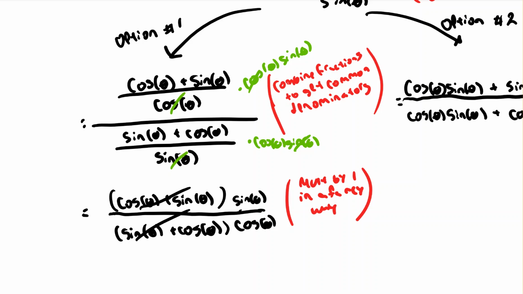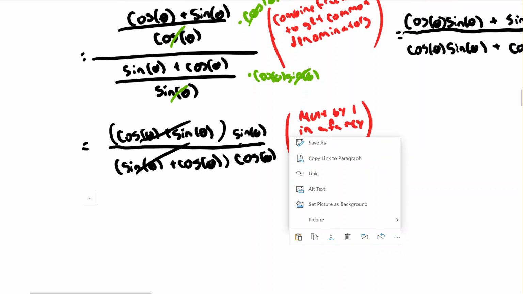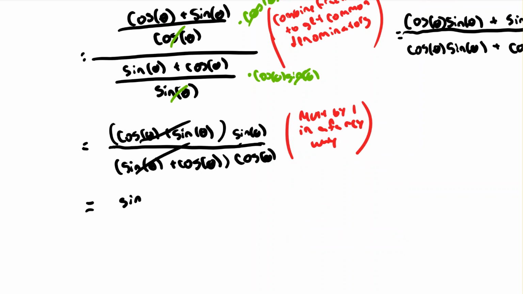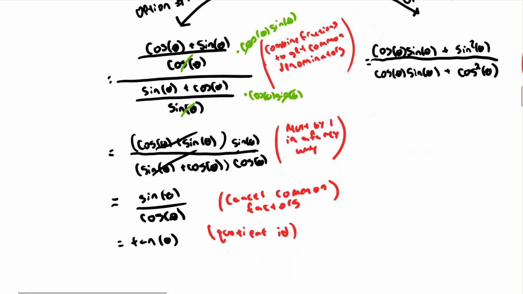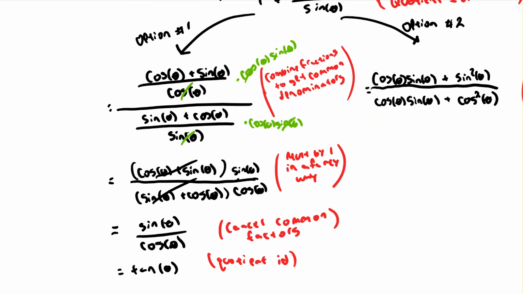So those will cancel out now, leaving me with my sine of theta divided by cosine of theta. And here, if you know your quotient identities, you'll recognize that this is the same thing as tangent of theta. And that's about as simple as this is going to get. I can't do much better than getting it to look just like a plain old trig function like tangent of theta. So this is what we got if we followed that road for option one.